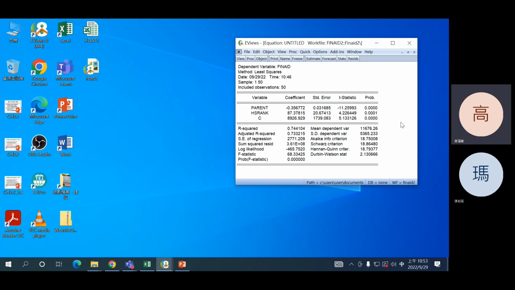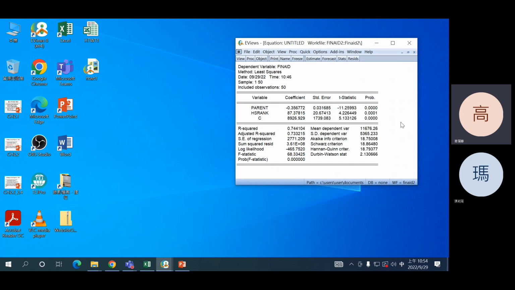So say it again. High school rank goes up 1%, and then financial aid increases 87.378.